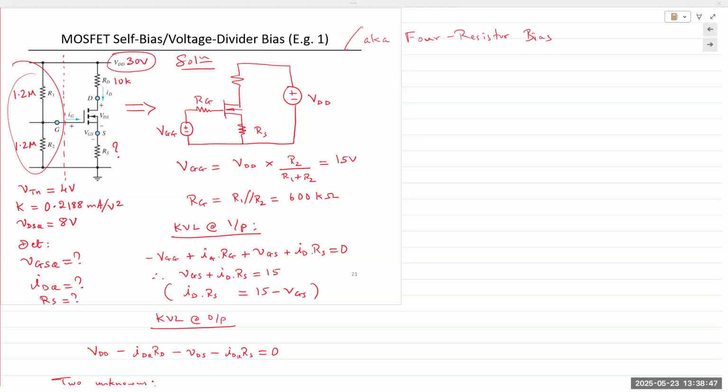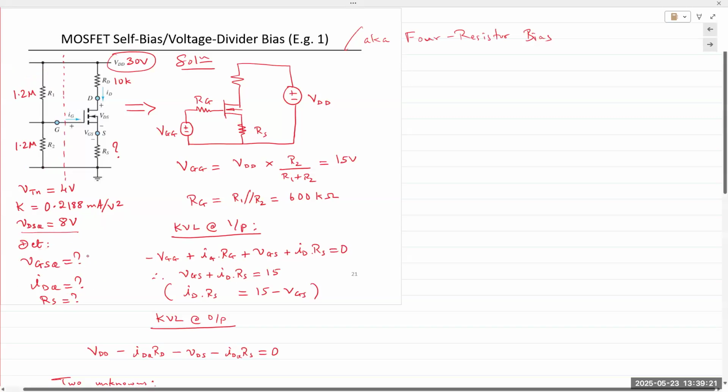We are given the threshold voltage, we are given the value of K, and VDSQ is also given to us. There's a reason for VDSQ. Otherwise, we would never be able to solve the problem. So VDSQ is given to us. What else? We need to determine VGSQ, meaning the value of VGS at the Q point, drain current IDQ, and source resistor value RS.